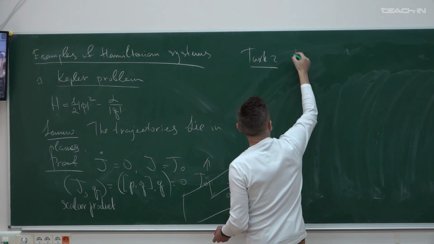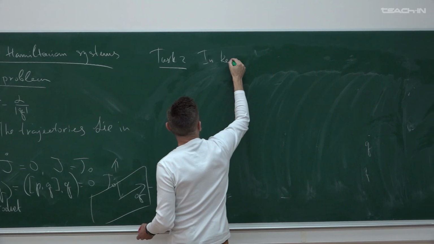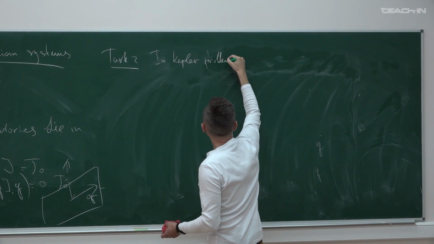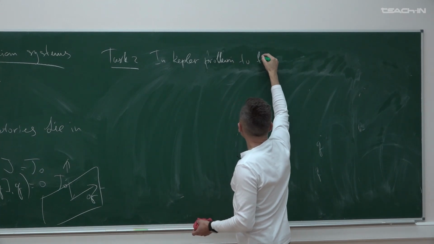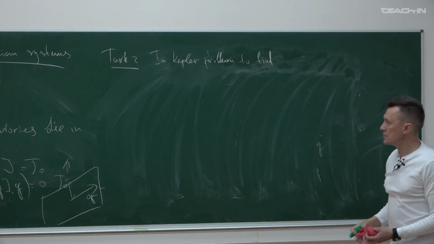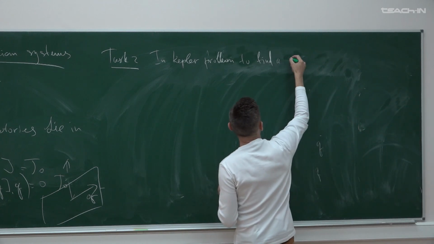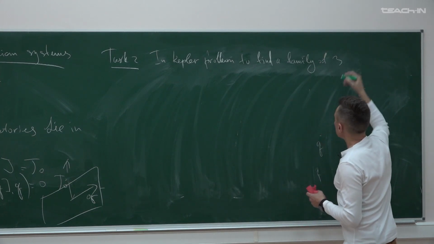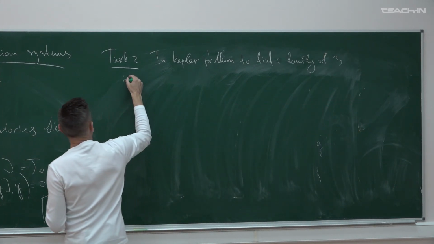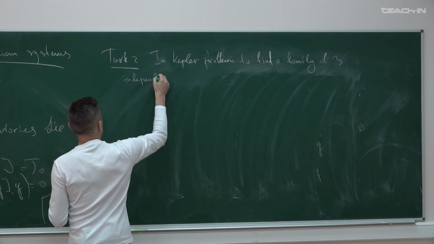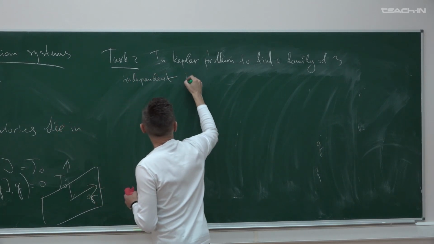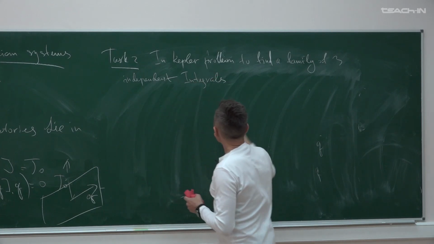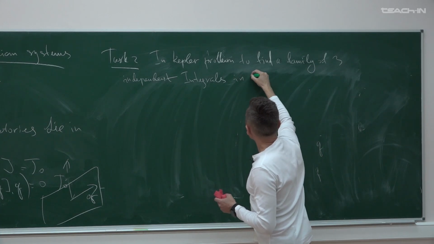In the Kepler problem, find a family of three independent integrals in involution.